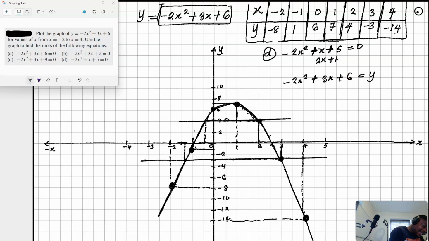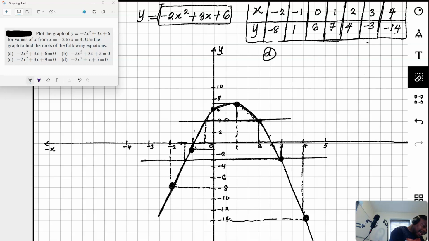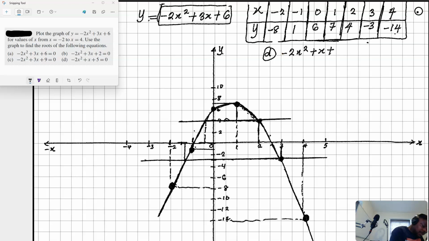So if I add 2x plus 1 to both sides, okay, to this side and to this side, I will get the same thing. So here, let me quickly write it properly so we can have an understanding. So I'm looking for minus 2x squared plus x plus 5.